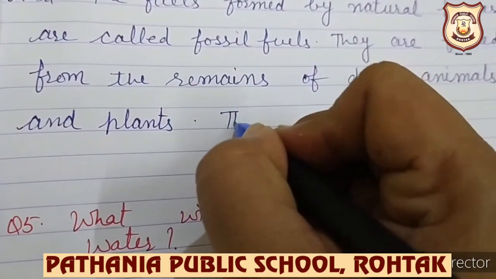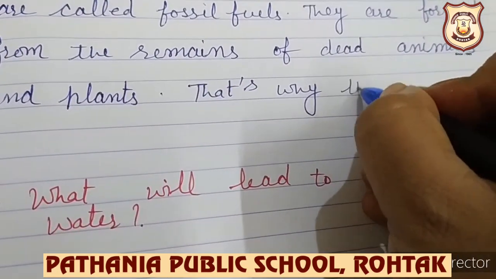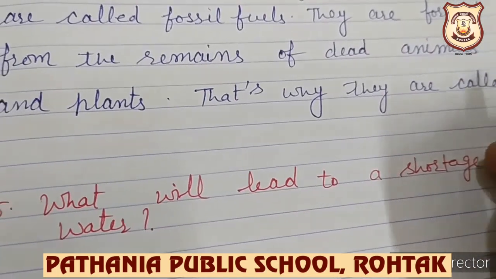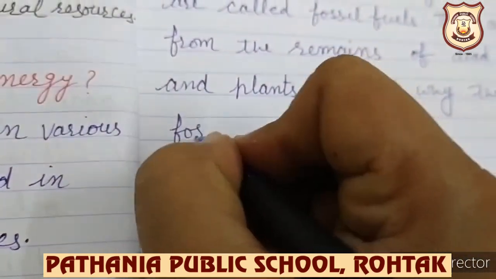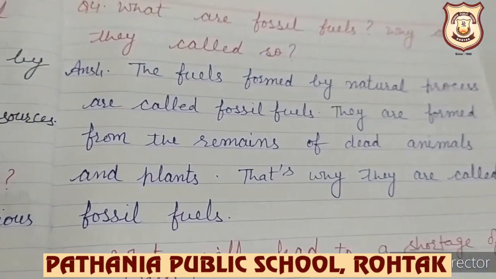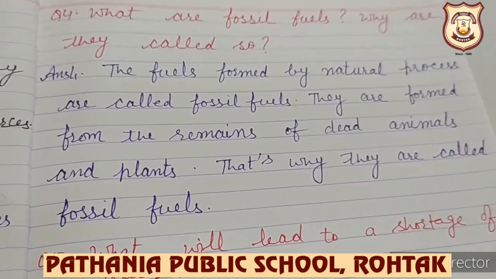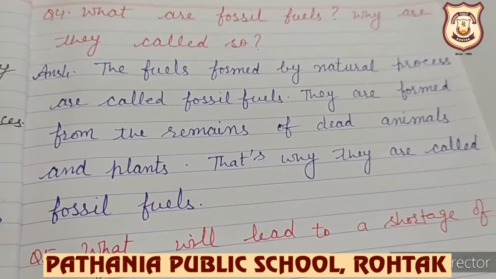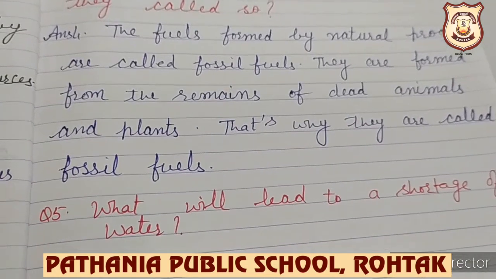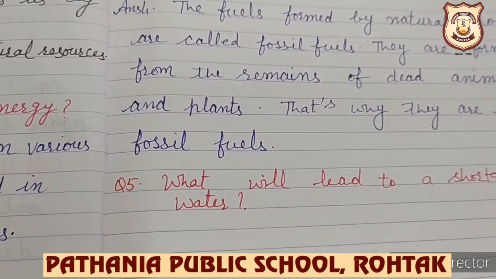That's why they are called fossil fuels. So it is clear. Fuels formed by natural process are called fossil fuel. They are formed from the remains of dead animals and plants. That's why they are called fossil fuels. Okay. Question is divided into two parts. So we'll give the answer in two parts.